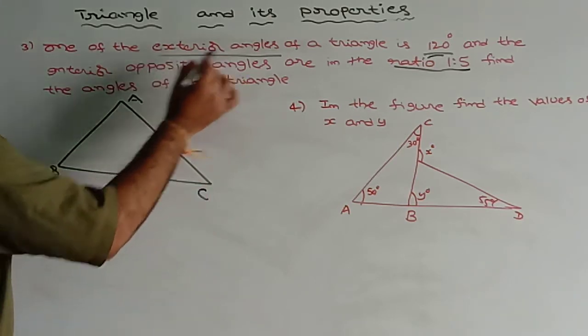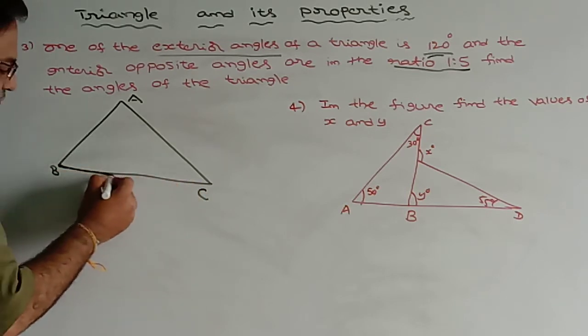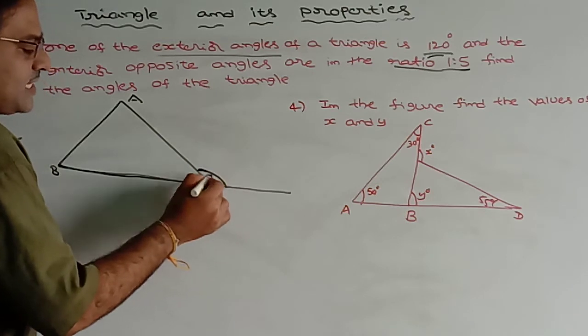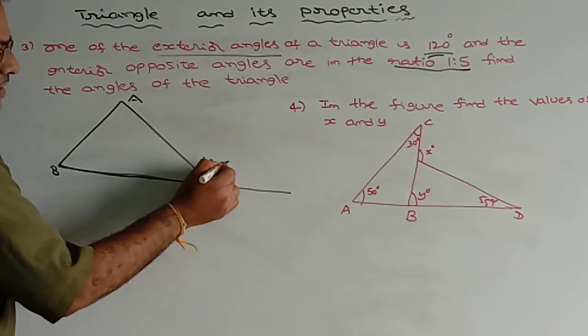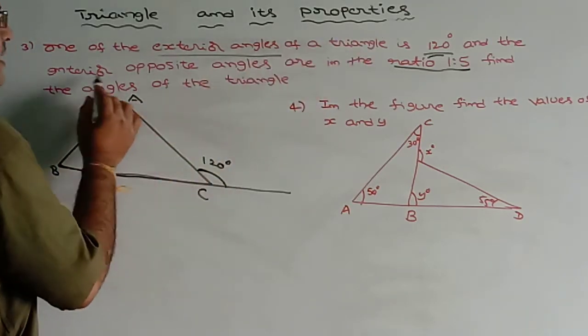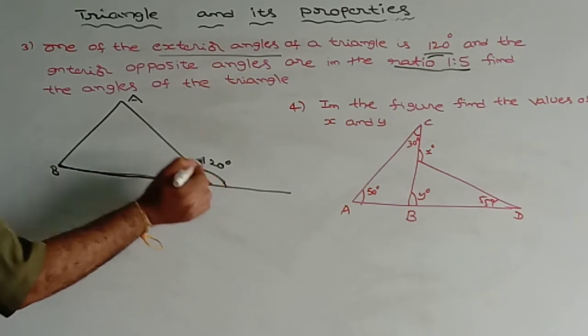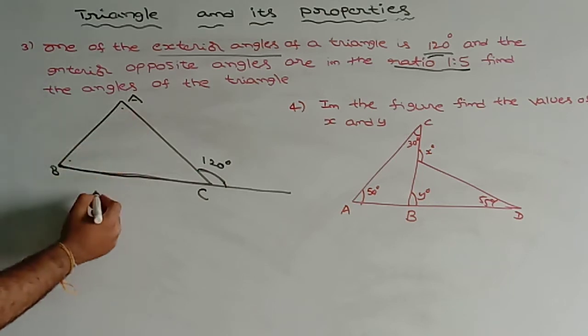Now the exterior angle is given. As already explained, to form an exterior angle, any one side is produced. Then this angle is called the exterior angle. This angle is 120 degrees. And the interior opposite angles are in the ratio 1:5. This angle equals the sum of this angle and this angle, but the angles are in the ratio.